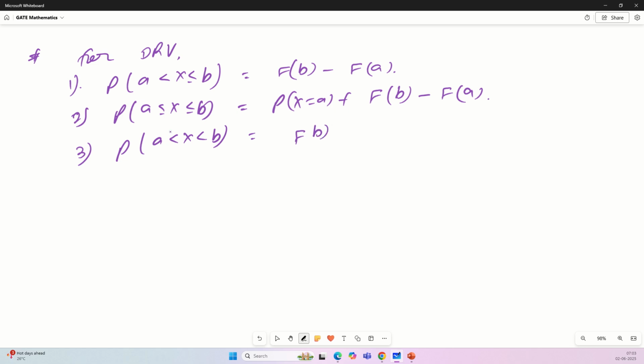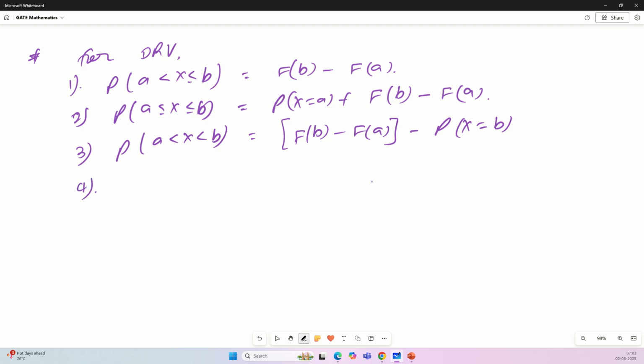You will find cumulative probability function at b minus cumulative probability function at a, minus probability at x equal to b, because you do not want to include equal to b. So this is for discrete. Are you getting it? You want to include x equal to a, that's the reason you have added probability at x equal to a. Similar to that, here you do not want to include probability at b, that's the reason you are excluding probability at b.